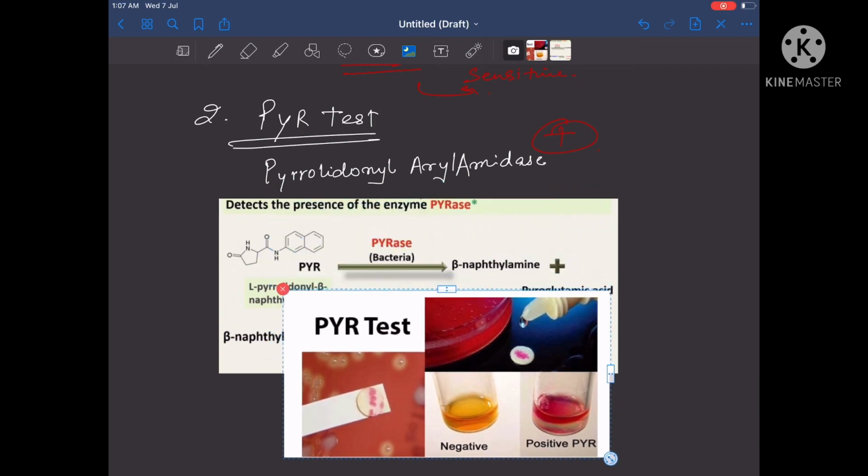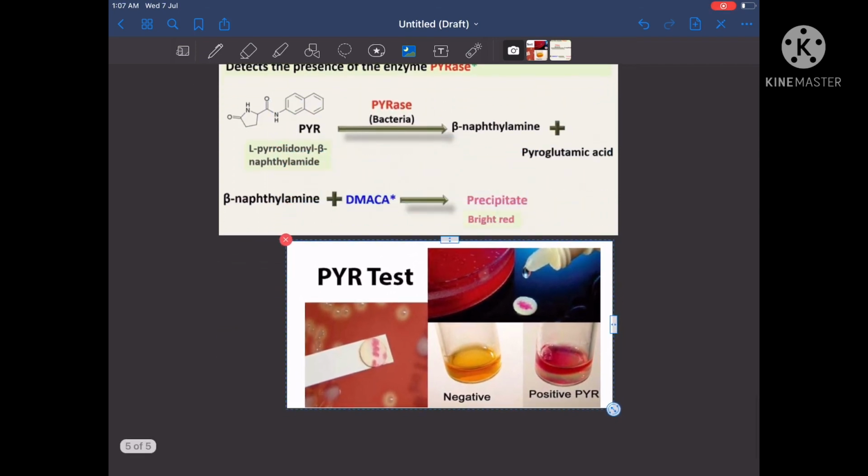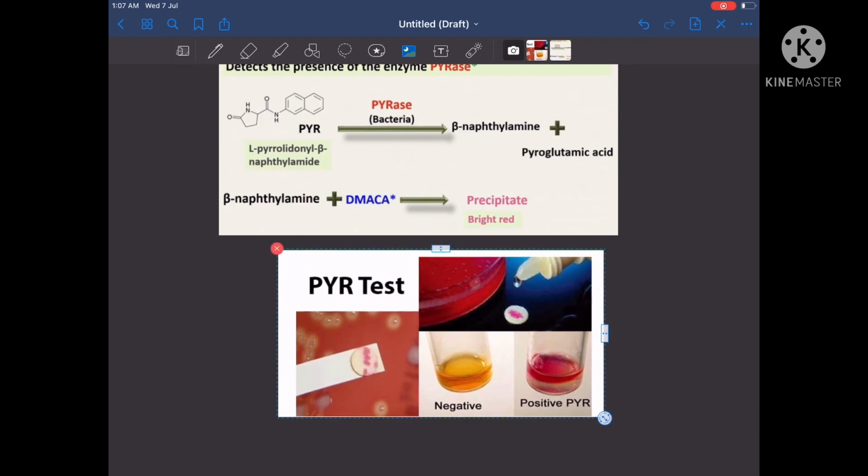This PYR test is positive for only two bacteria, Streptococcus pyogenes and Enterococcus. As you can see in the picture, there is a slide which shows red color, and the test tubes show negative and positive results. A positive PYR test forms a red precipitate. It is for Streptococcus pyogenes that we are discussing today, and also Enterococcus that we will be discussing in the next session.